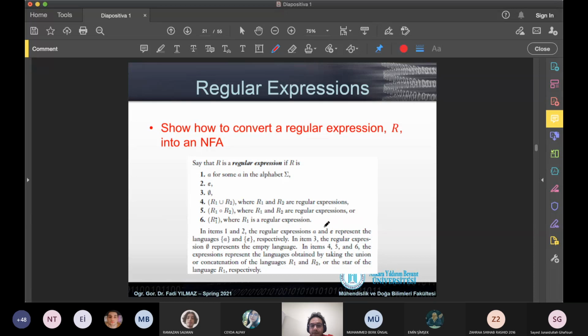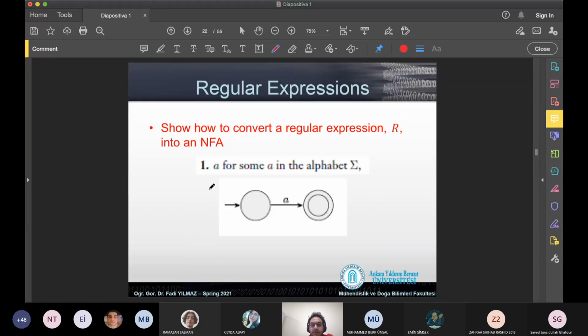We have the formal definition of regular expression, if you remember. We look at each bullet point and investigate each individually.